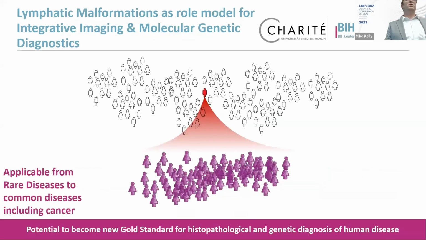And second last slide. Today we heard a lot about the field of oncology for rare diseases. So we use some drugs which are used in the field of oncology to treat our patients. And I think in this approach, it's maybe the other way around. So our rare diseases, our lymphatic malformations, can be a role model for that integrative approach.